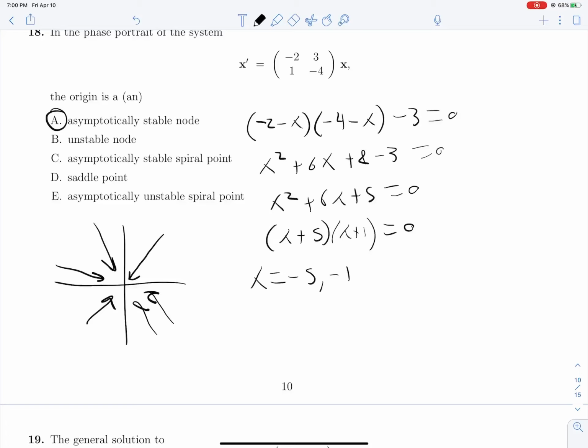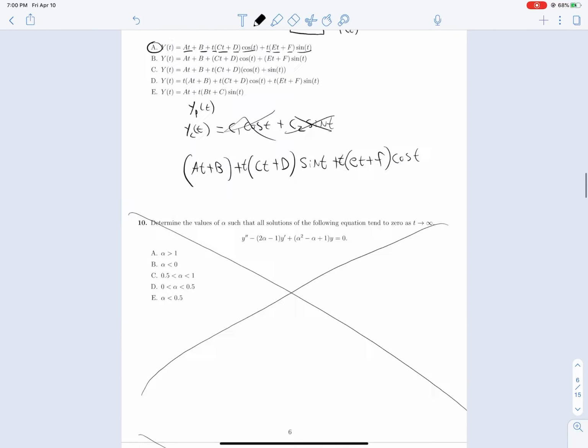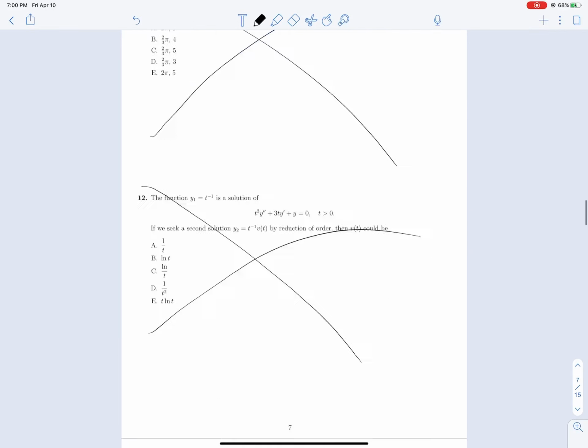Things over time will decay into that center there. Whereas if these were positive, we would have an asymptotically unstable node where things would be forced away radially as time goes on. But in this case, we have an asymptotically stable node, and so 18 is A.